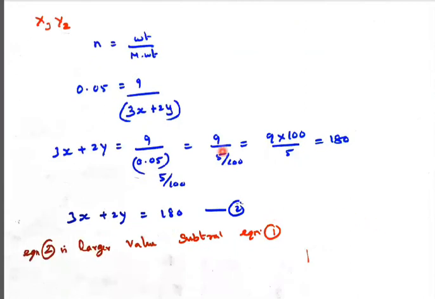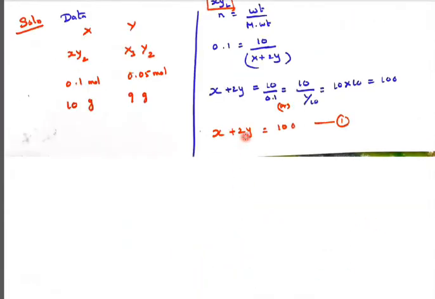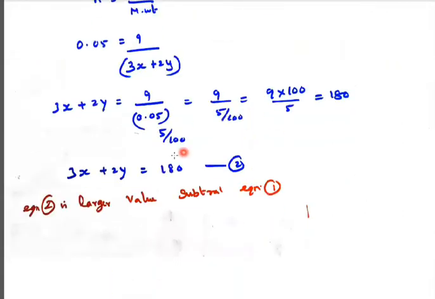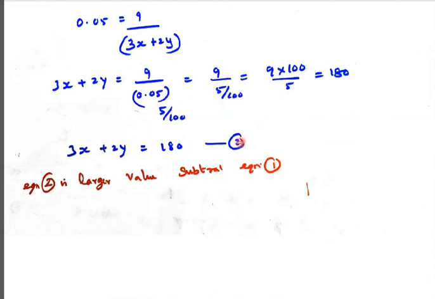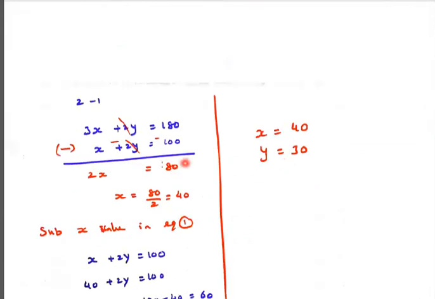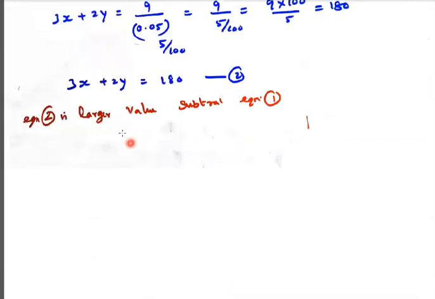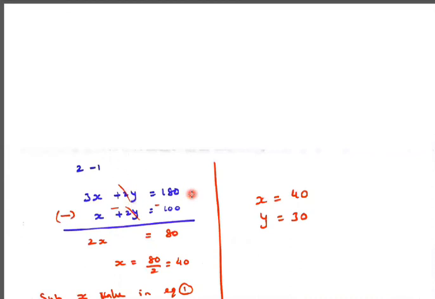So the first equation is X plus 2Y equal to 100, and the second equation is 3X plus 2Y equal to 180. The second equation has the larger value when compared to the first, so subtract the first equation from the second. 3X plus 2Y equals 180, minus X plus 2Y equals 100.